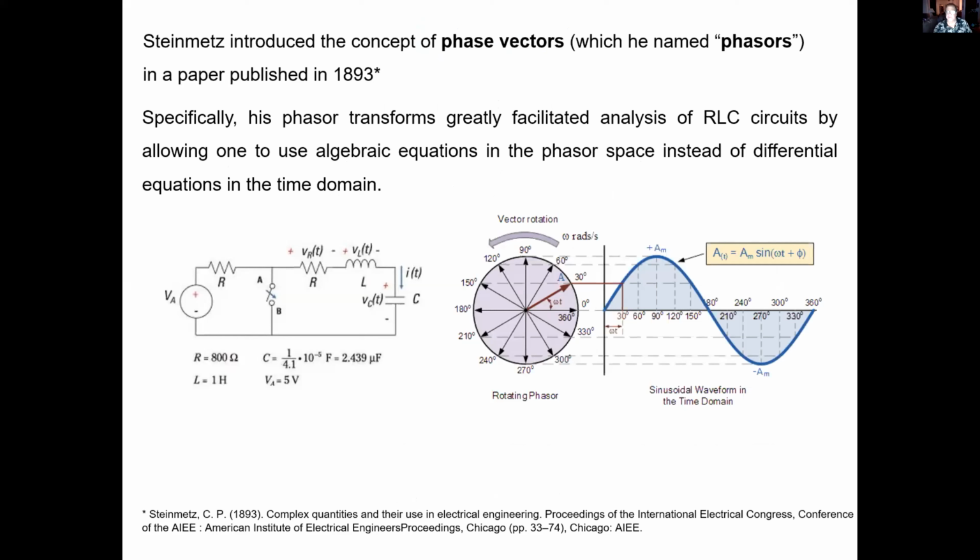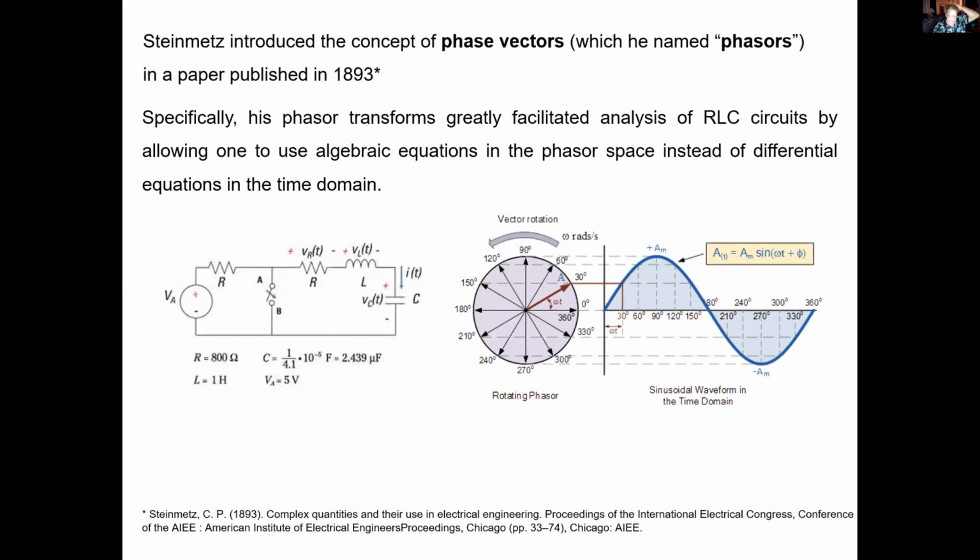He introduced the concept of phase vectors, which he named phasors, in a paper he published in 1893. There's the reference down there. Specifically, his phasor transforms greatly facilitated analysis of electrical circuits, like resistance, inductance, and capacitance circuits, such as shown on the left there.